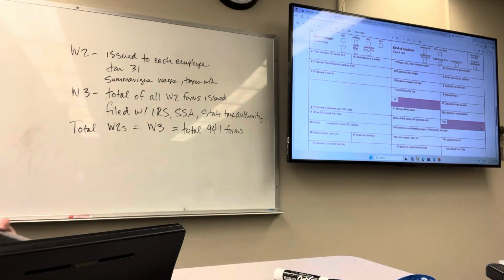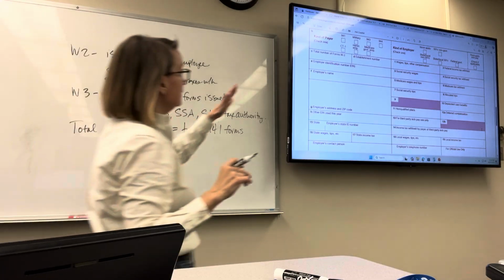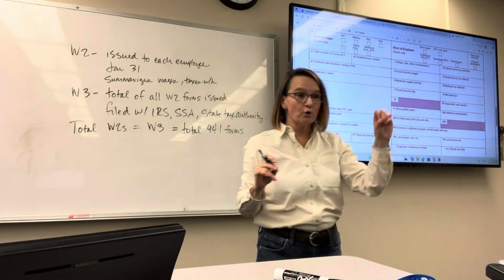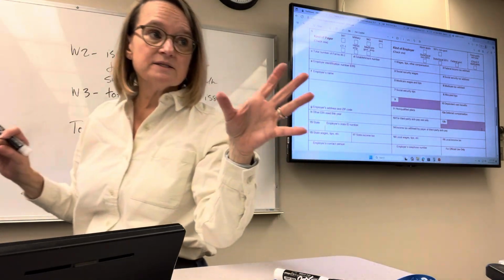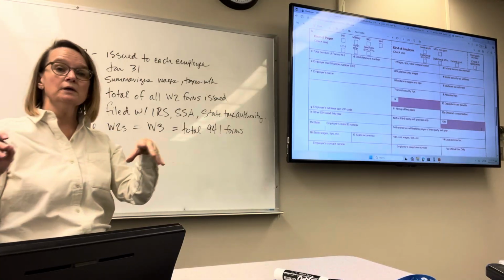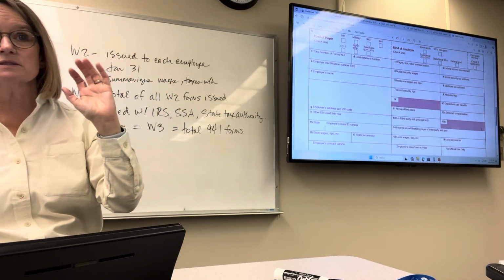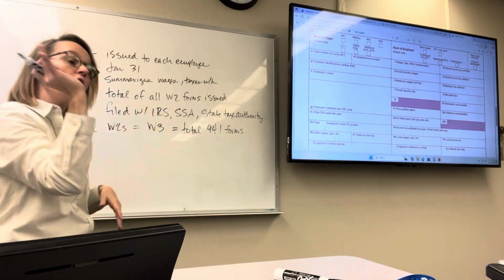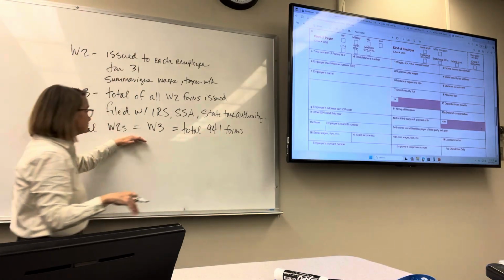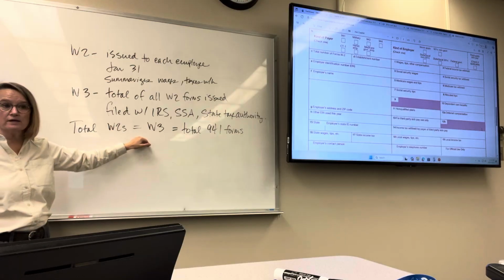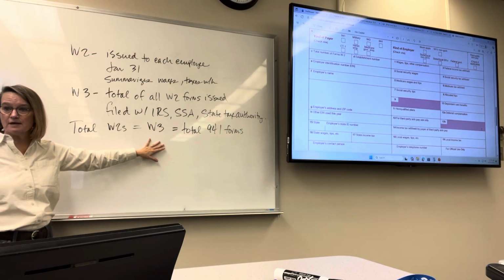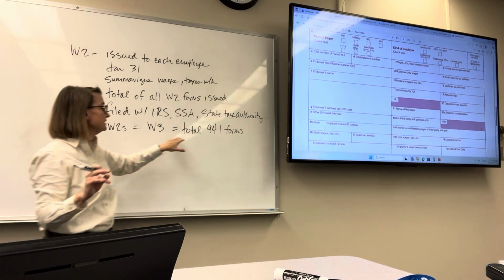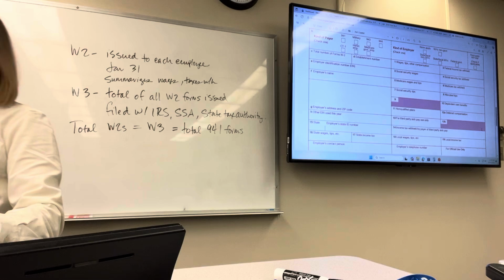Remember, each of those breaks down the amount of wages that were paid for the quarter, federal income taxes that were withheld for the quarter, Social Security taxes, Medicare taxes. It breaks down all of that stuff by the quarter. All 4 of those totals also have to reconcile to the information that's on the W-3. So all 3 of these items have to agree with each other and have to reconcile.